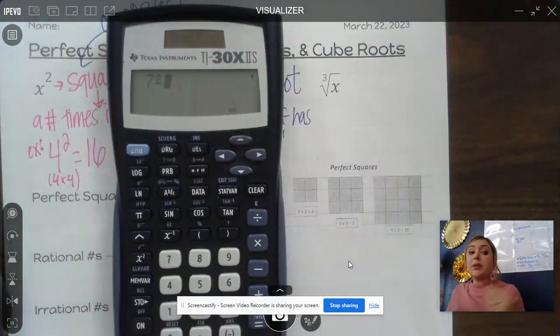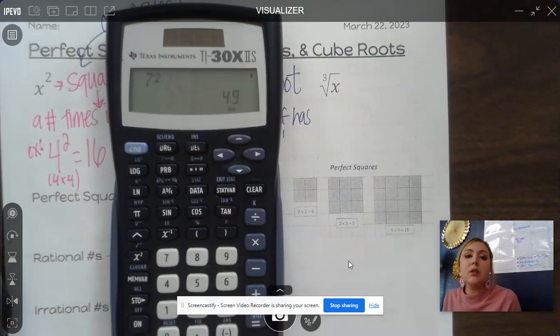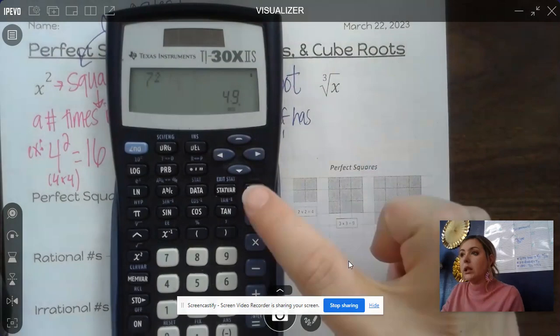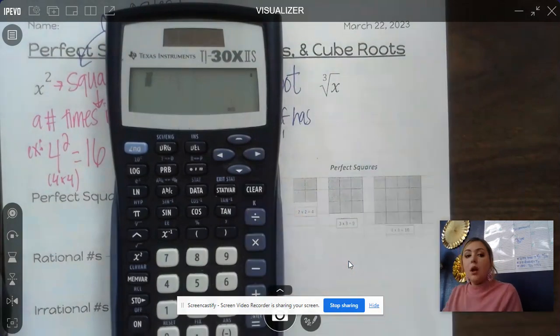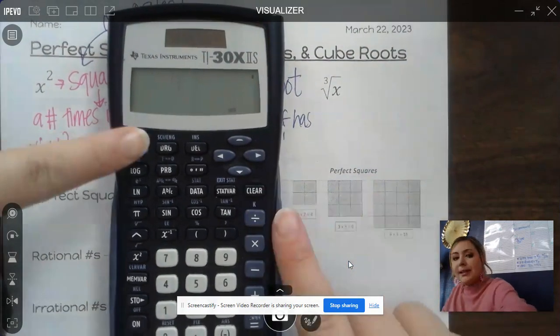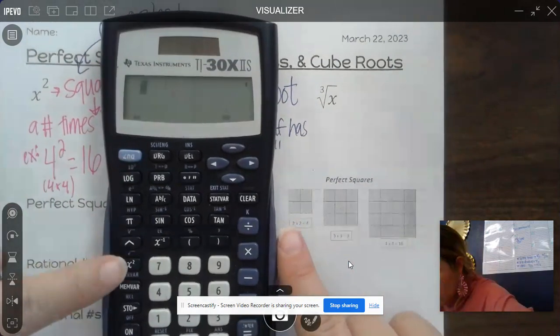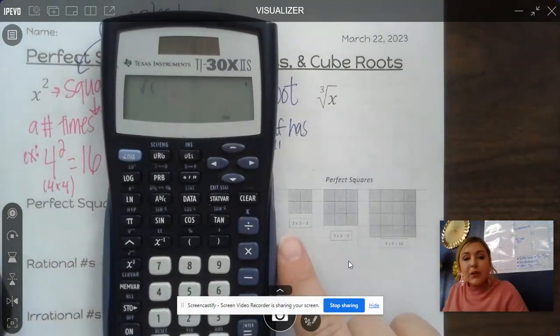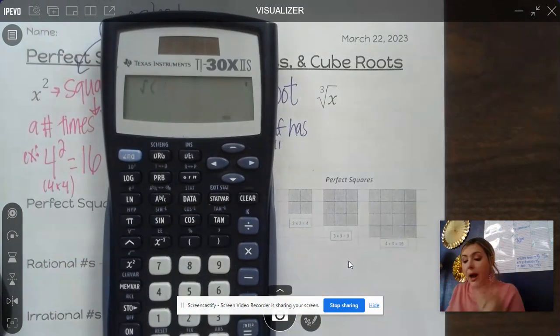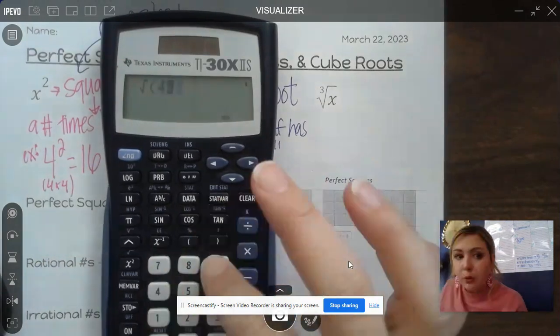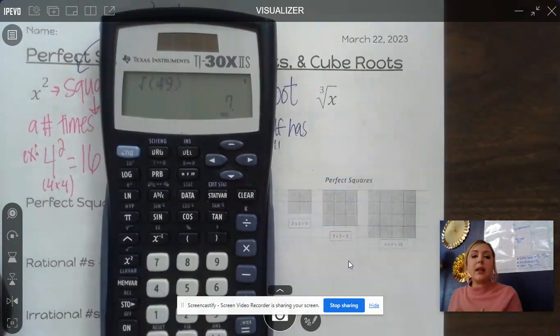I could press that number without pressing second, and I have 7 squared, 49. Awesome, right? And if I wanted to do square root, always clear, so go press clear. Remember that square root is second and then square button right there. That opens your radical brackets. You could put the square root of 49 and then you're going to get that value of 7, right?